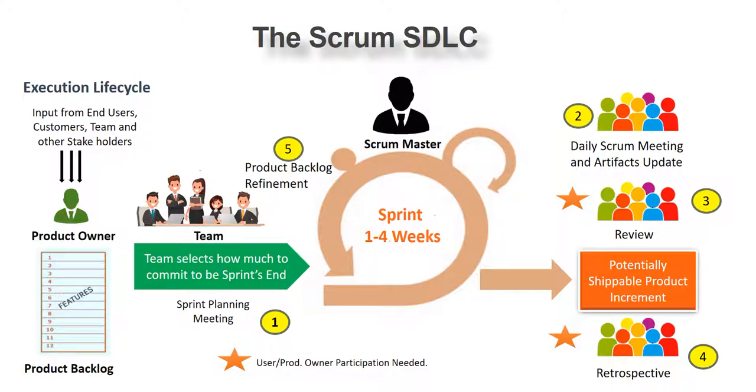Now, if you see in the picture, there is a fifth yellow circle point which talks about product backlog refinement. This is the way changes get addressed in Agile. So, if there is any change coming in, you have a product backlog refinement meeting which usually happens on the 7th or 8th day of a sprint, and not necessarily all team members have to be there.